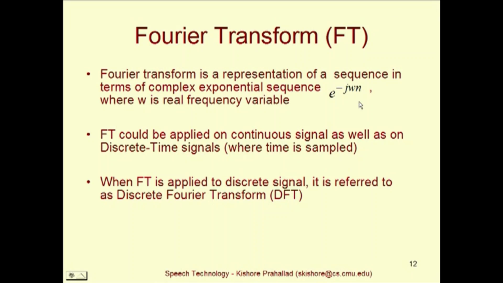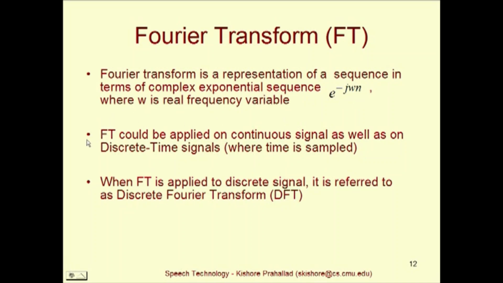minus j omega n, where omega is the real frequency variable and n denotes the time variable. So that means that given a signal, it represents or breaks the signal in terms of these complex exponential signals.